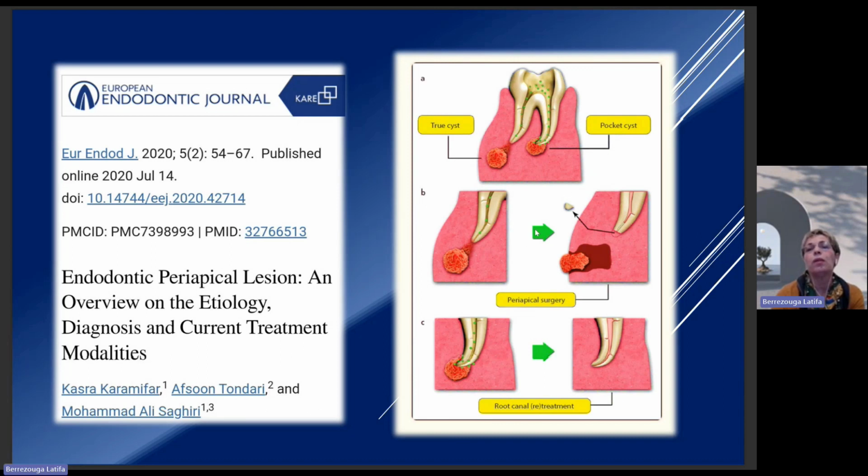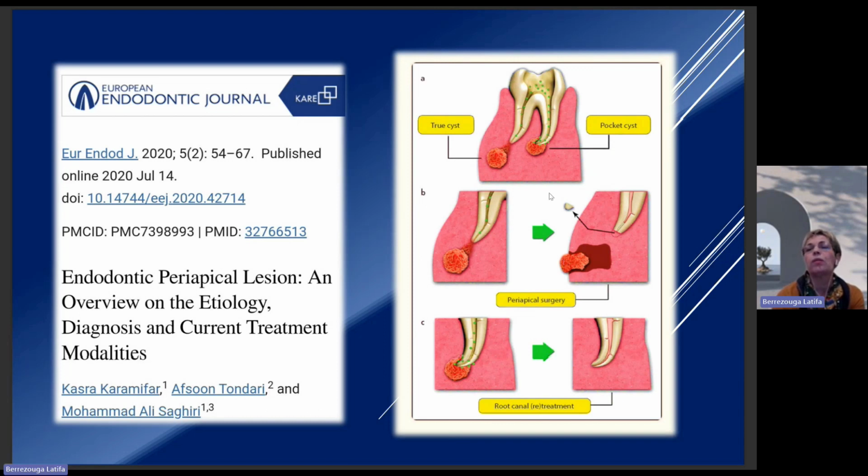We assume that even when we properly disinfect the root canal system and reobturate, there's a risk that true cysts do not heal, and we have to remove the lesion by microsurgery.